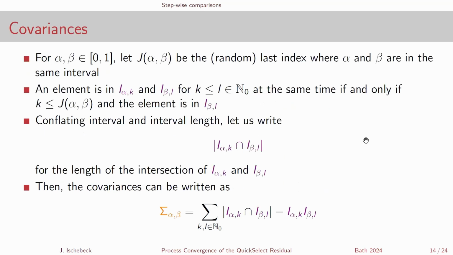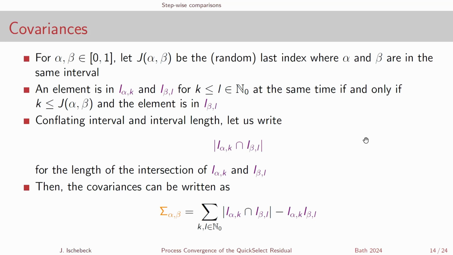And if we want to have the same for covariances, we would have to do a bit more with notation. So you see, we have two values alpha and beta, and at some point we get a pivot in between of them, and then we split them into different paths. And from this point on, all of the intervals are disjoint, and above this, all of the intervals are equal.